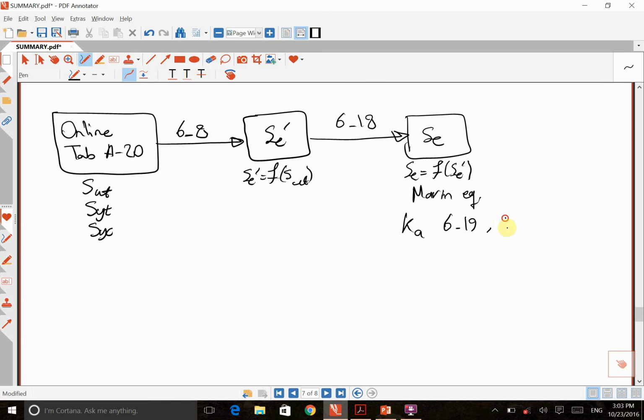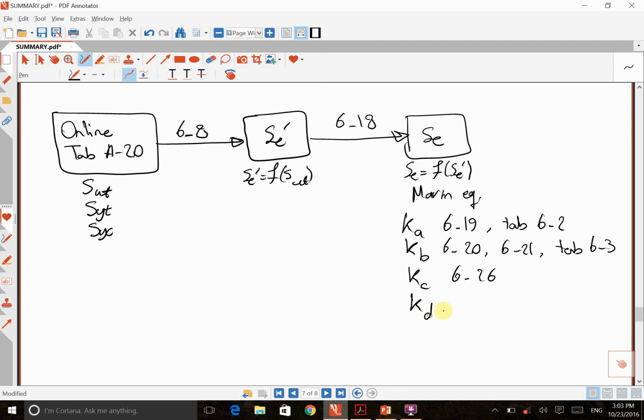and table 6.2. We have Kb that can be found from equations 6.20 and 6.21 and table 6.3. We have Kc that can be found from equation 6.26.